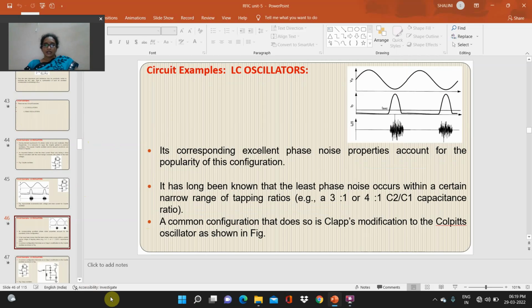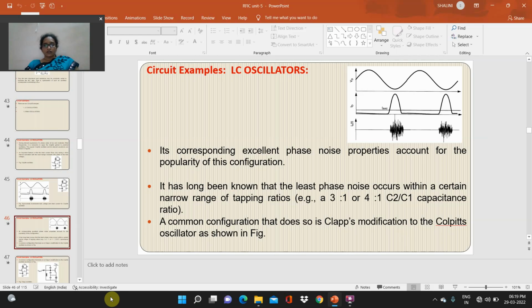Its corresponding excellent phase noise properties account for the popularity of this configuration. It has long been known that the least phase noise occurs within a certain narrow range of tapping ratios. Example, 3 is to 1 or 4 is to 1 C2 by C1 capacitance ratio.